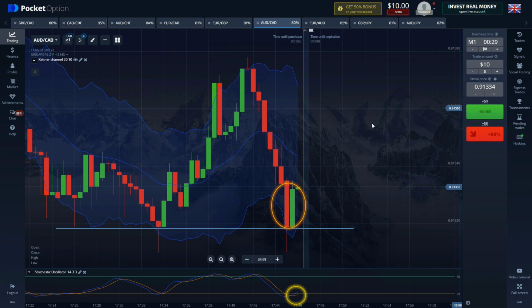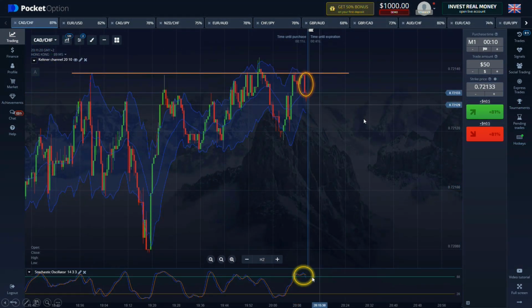So I will show you another example of put option. Let's see. So here's this example number 2. You can see here the blue line in stochastic oscillator crossed orange line downward. Also it's going below the 80 line. You can see it. This is the 80 line. So stochastic oscillator is at this point.